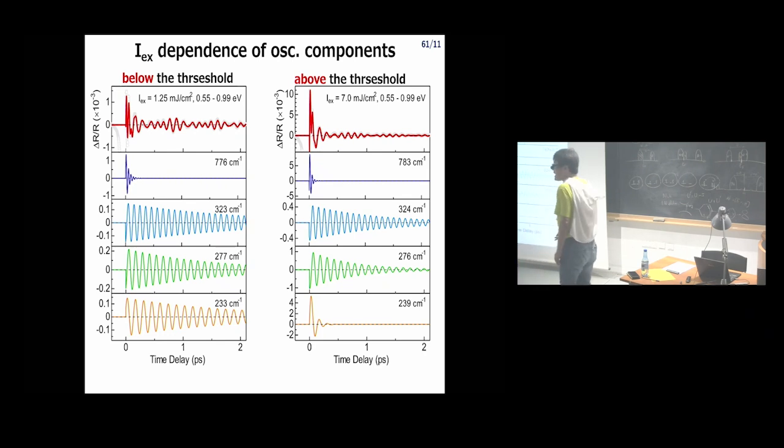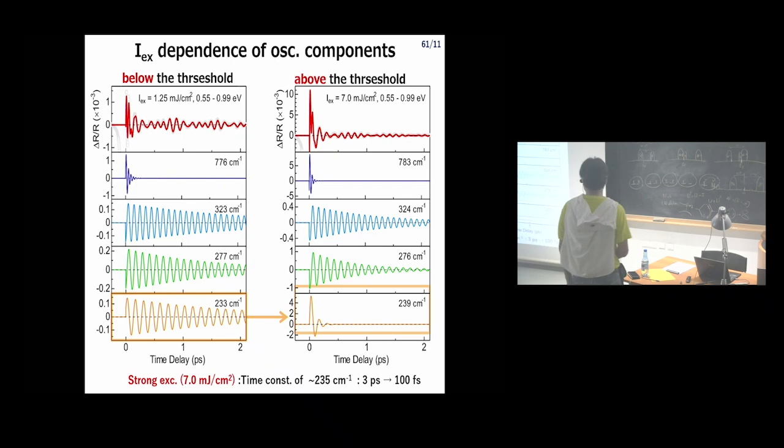This mode has been assigned to the CR mode. The CR mode is shown here, as discussed later. Above the threshold, the coherent oscillation decays in the first 1 or 2 periods. In a few periods, the oscillation disappears. Very striking result.